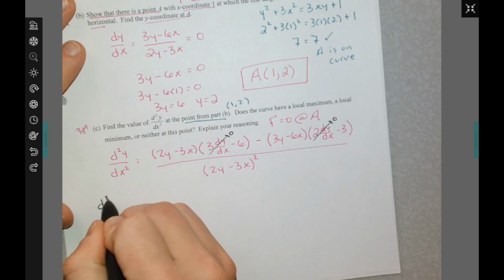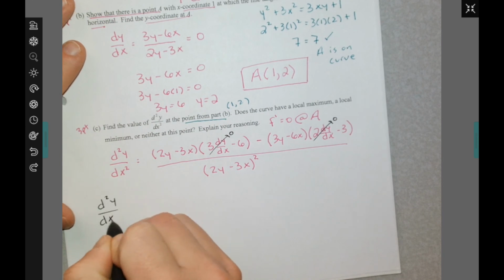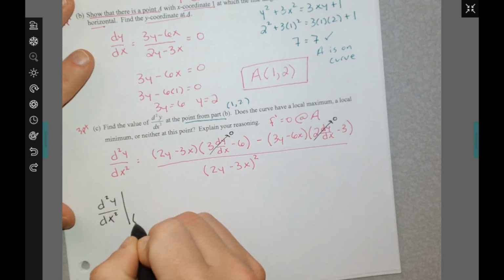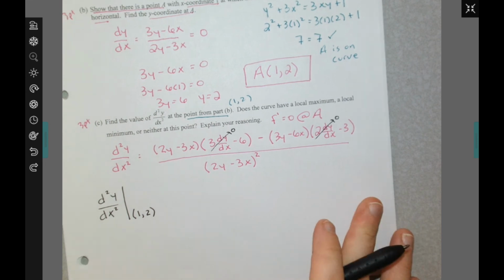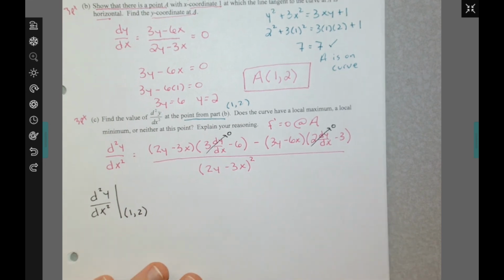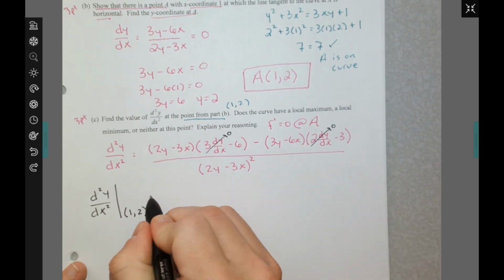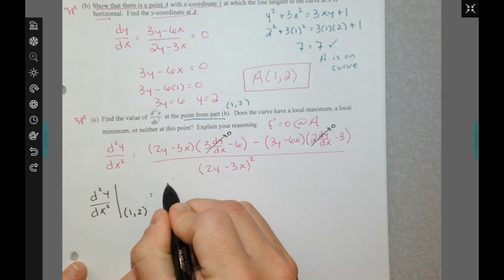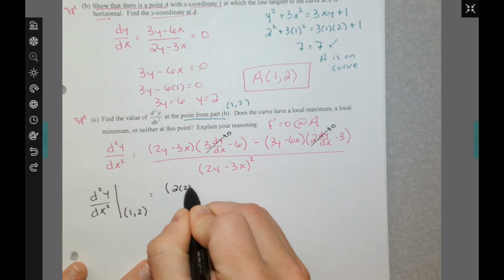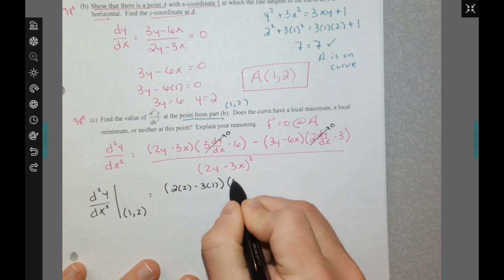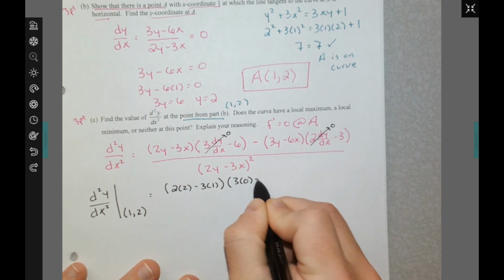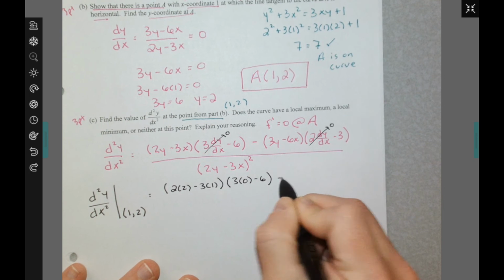Evaluating, I'm going to take the second derivative and evaluate it at 1, 2. Okay, so that's the notation we use there, evaluate at 1, 2. And let's go ahead and actually show that we're plugging it in. Okay, so you got 2 times 2 minus 3 times 1, times 3 times 0 minus 6.